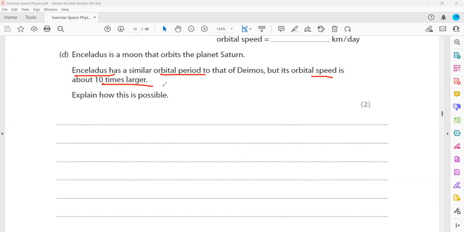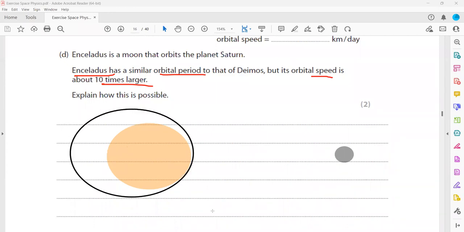Suggest how this is possible. So there is a moon for Saturn, and there is a moon for Mars as well. When you compare the size, Saturn is bigger in size compared to Mars. But they mentioned they have similar orbital periods.